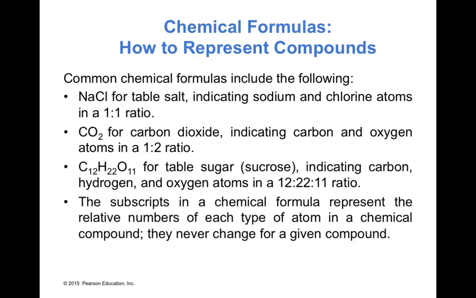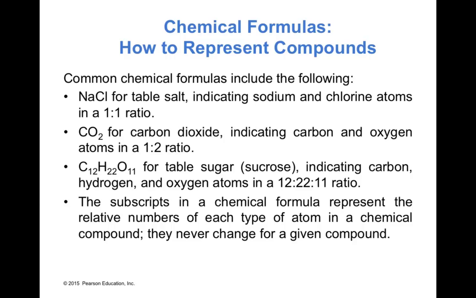So the subscripts in a chemical formula represent the relative numbers of each type of atom in a chemical compound. They never change for a given compound. Okay, so water is always going to be H2O. H2O2 is not water. Okay, that's another compound.